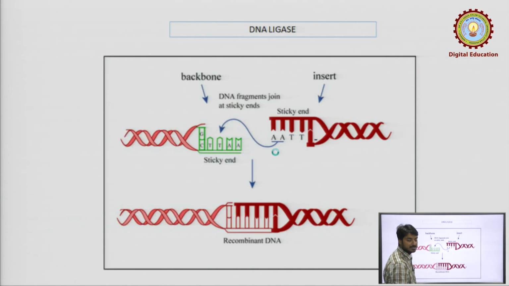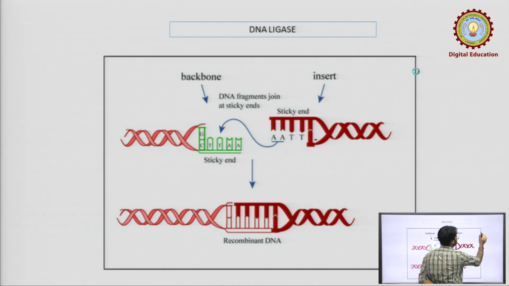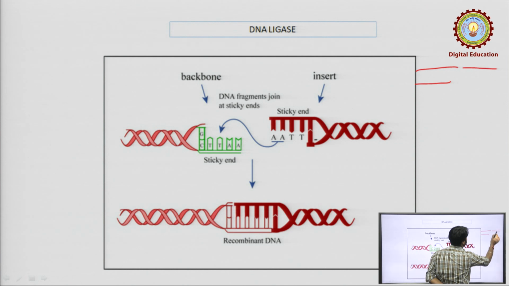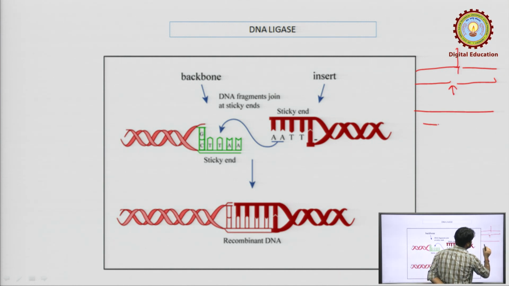The next enzyme which we will use is DNA ligase. As we know, in genetic engineering we have the enzyme called DNA ligase, which can bind two DNA molecules. In replication also, in the previous class, we learned that DNA ligase joins DNA fragments into a single piece.